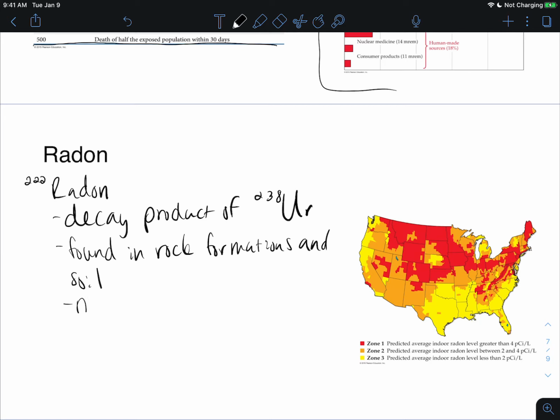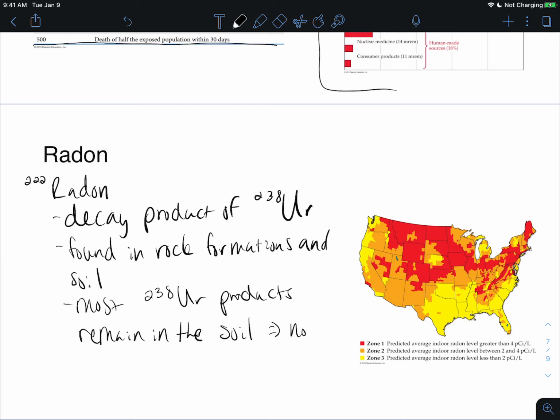So most uranium-238 products remain in the soil. Soil, no issue to us.